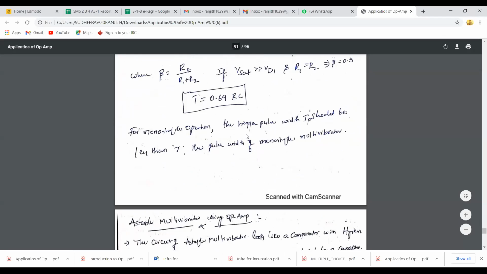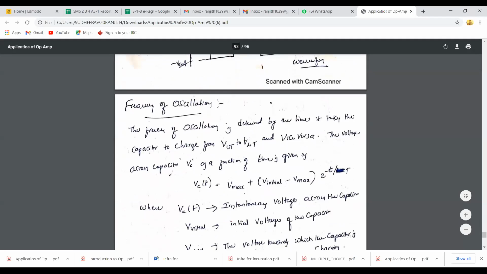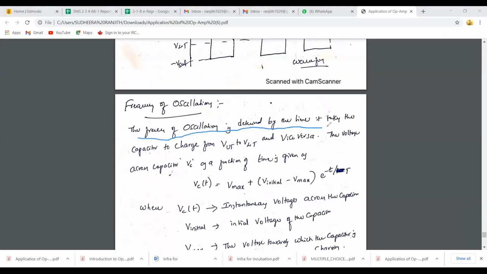See the derivation for frequency of oscillations. The frequency of oscillations is determined by the time it takes the capacitor to charge from VUT to VLT and vice versa.